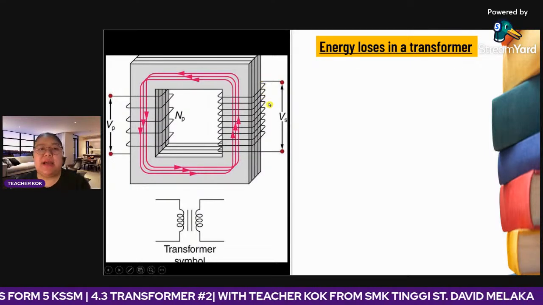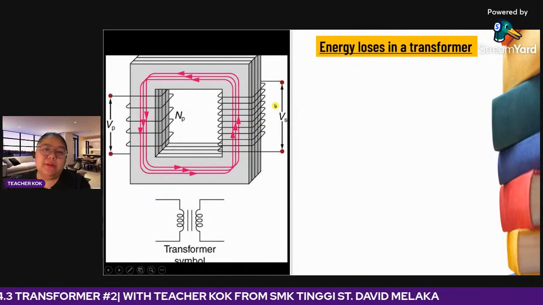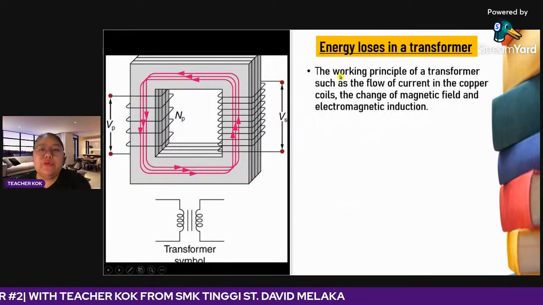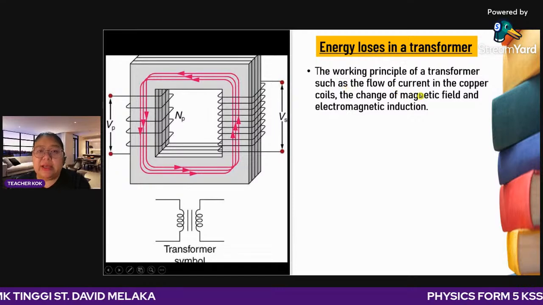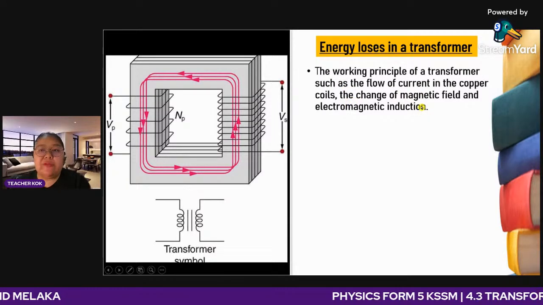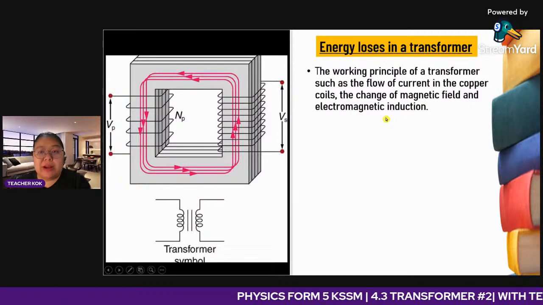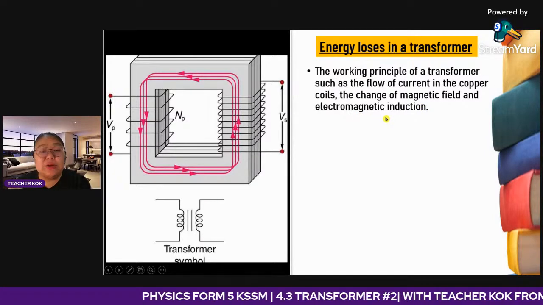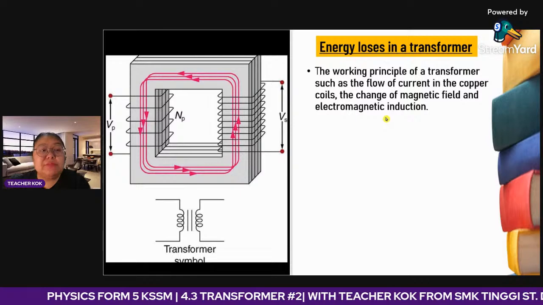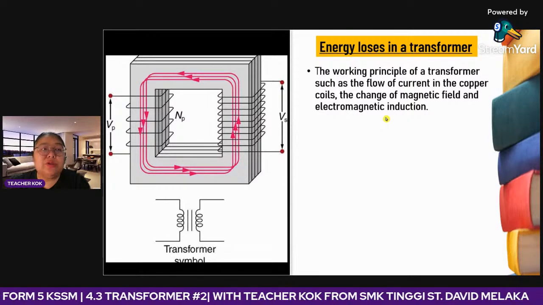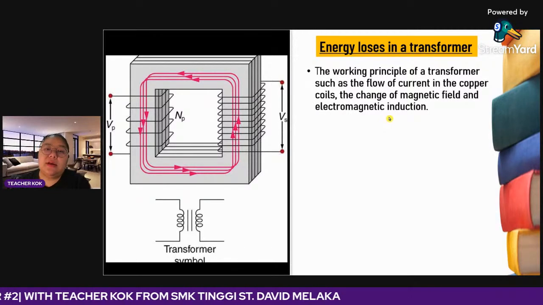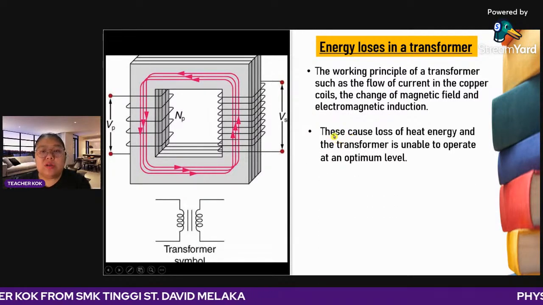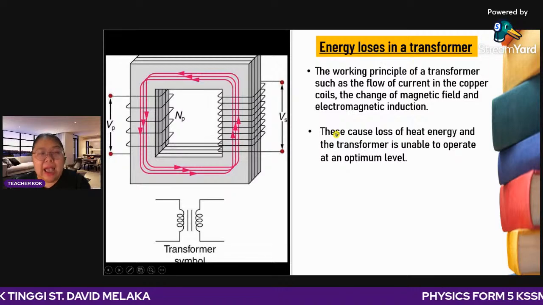Now we are going to see what the energy loss is due to. First, the working principle of the transformer, such as the current flowing in the copper coil, the changing of the magnetic field, and also electromagnetic induction. This is how it works. We use the changing magnetic field, and we also use the principle of electromagnetic induction. Next, this causes loss of heat energy.